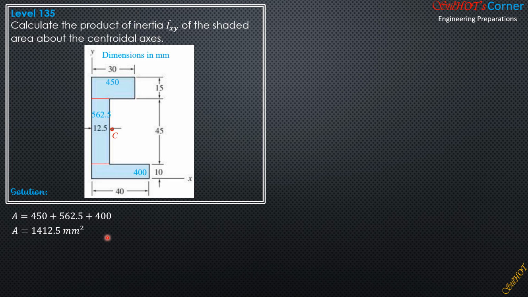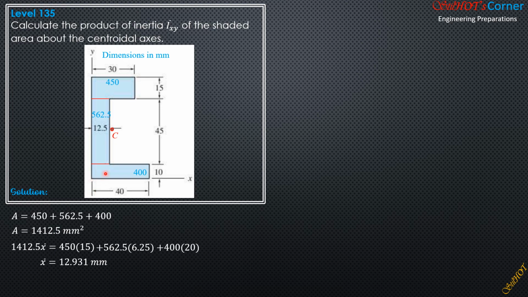Then we apply Varignon's theorem, area times bar x equals 450 times 15 plus 562.5 times 6.25 plus 400 times 20. So bar x is equal to 12.931 mm.